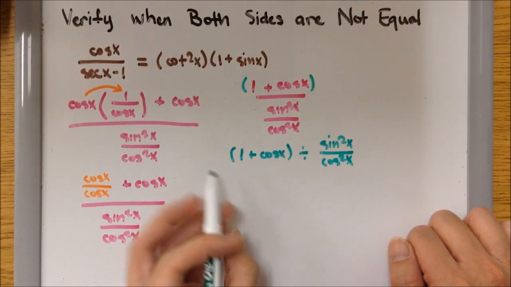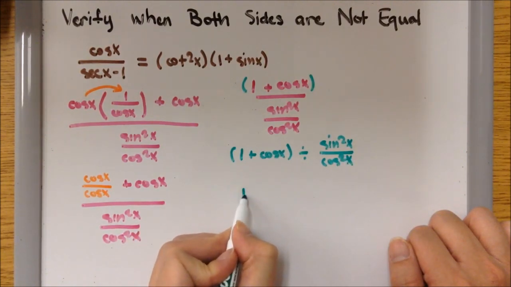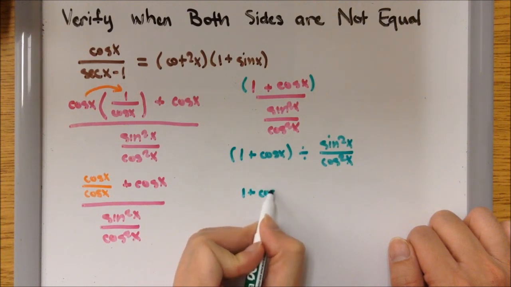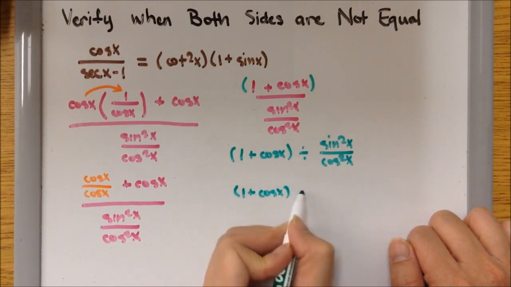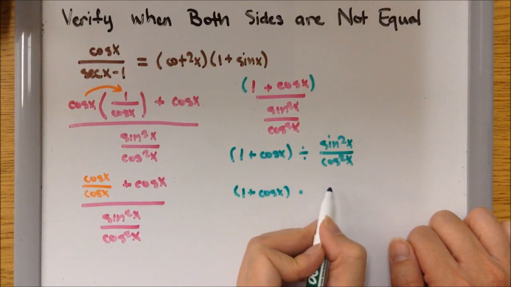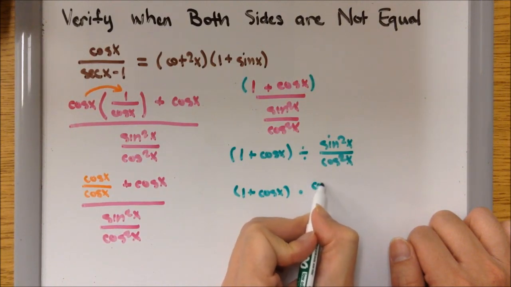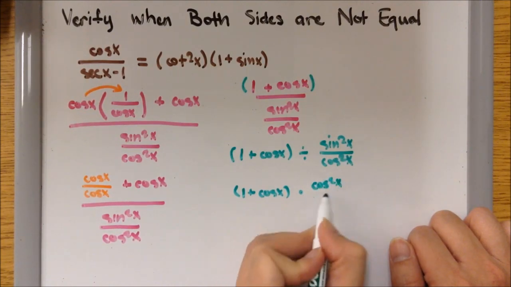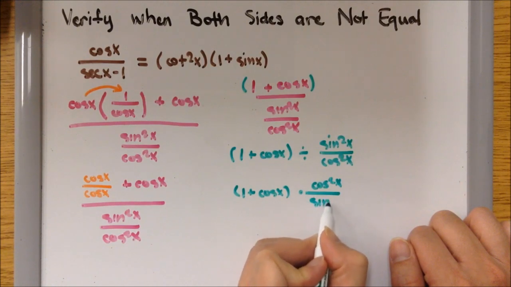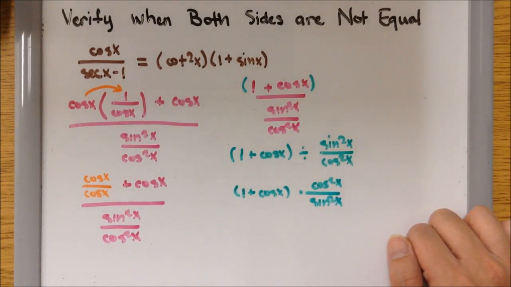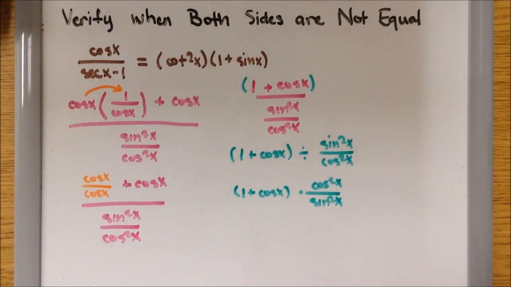Then I'm going to change it to multiplication. So the first part stays the same. Multiplication, and then I'm going to flip the second fraction. So cosine square x over sine square x. Alright. So again, the first part stays the same.